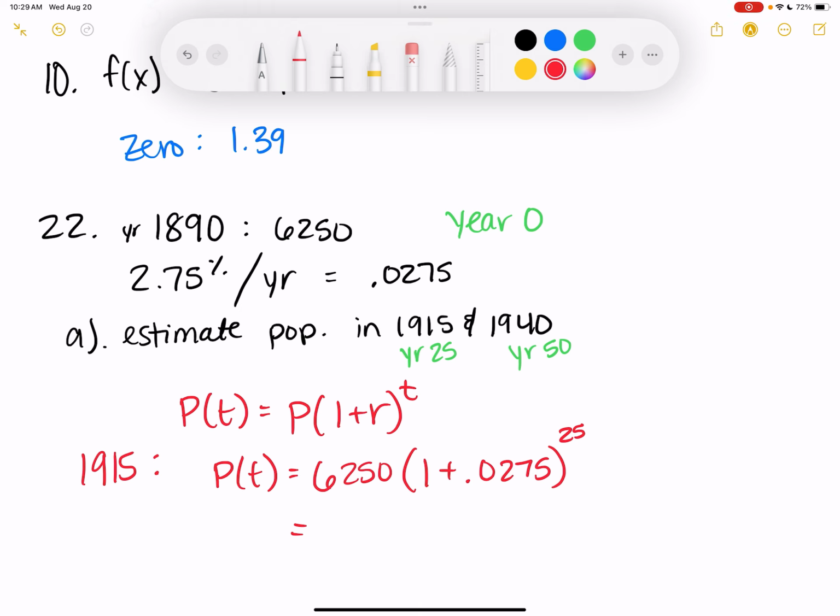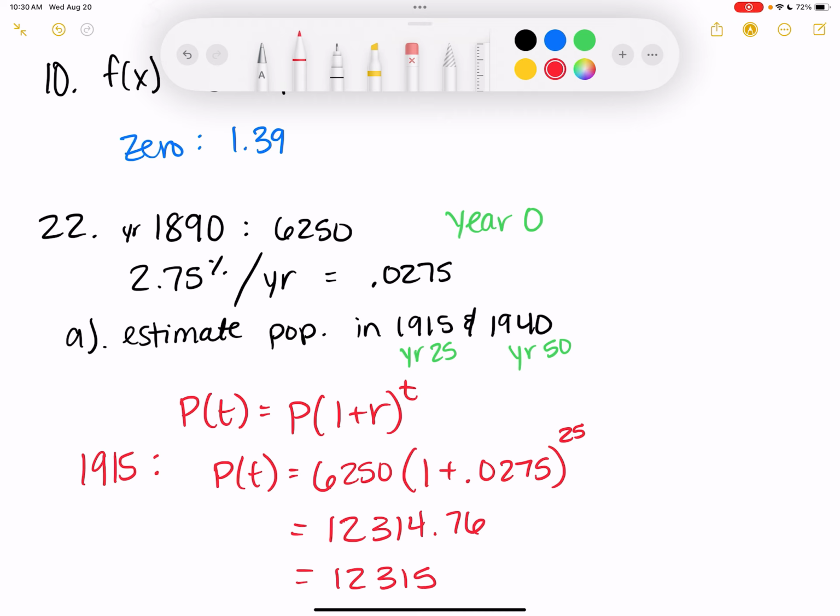That would give us 12,314.76. Because we're dealing with population, we can't obviously have a partial person, so we would round to 12,315.